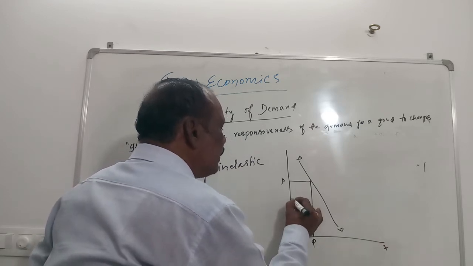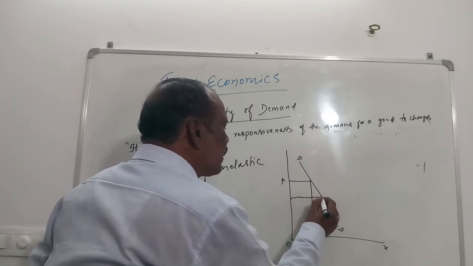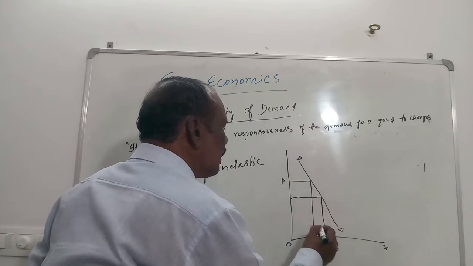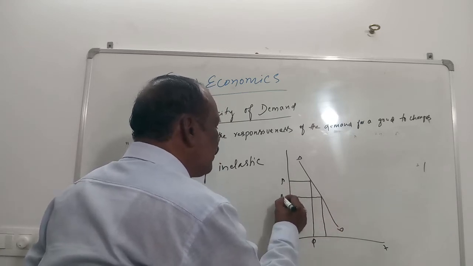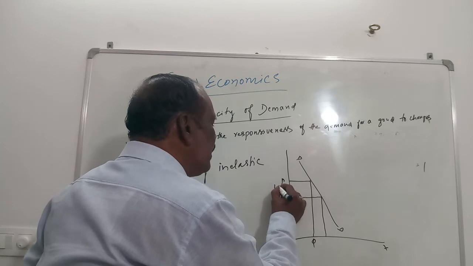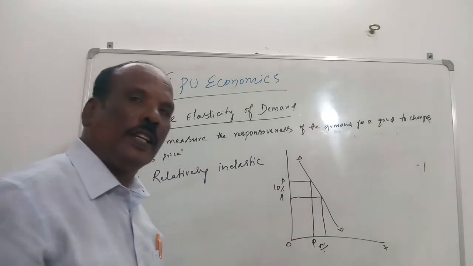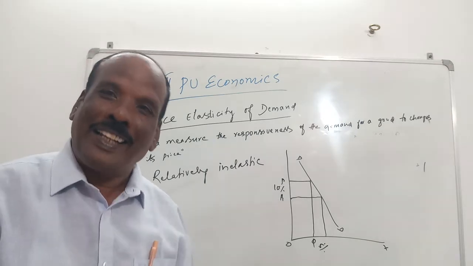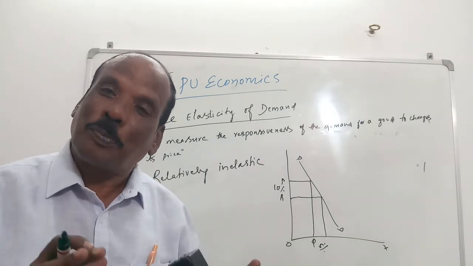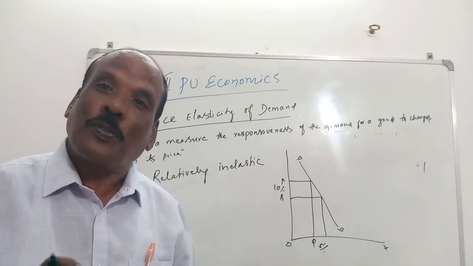When price falls, say, 10% change in price leads to only 5% change in quantity demanded. Less responsiveness is found here.